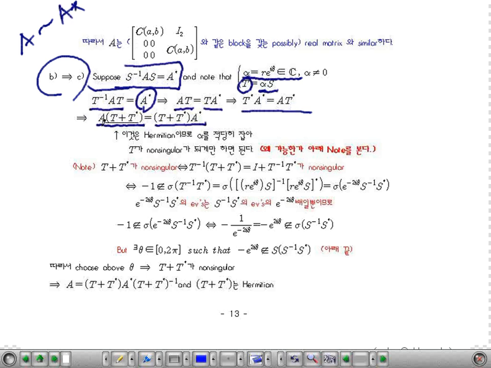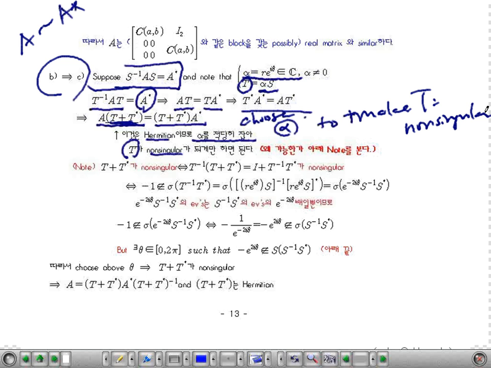Now, T plus T star is Hermitian. If we take a proper alpha to make this matrix T non-singular, we can do it, because we choose alpha to make T non-singular.